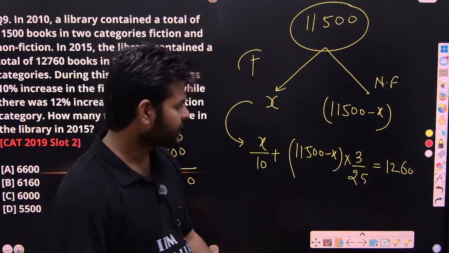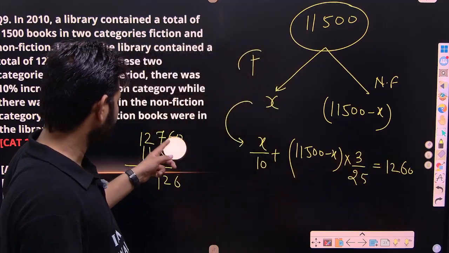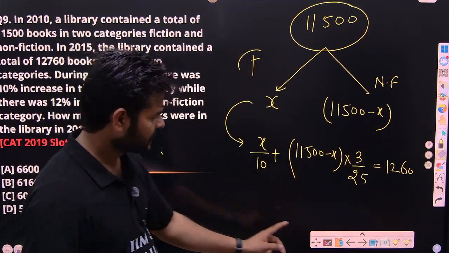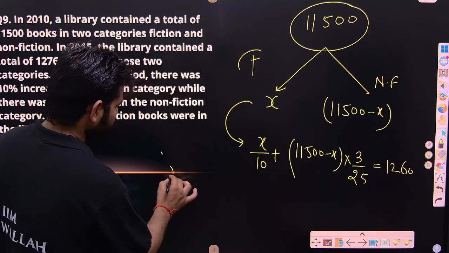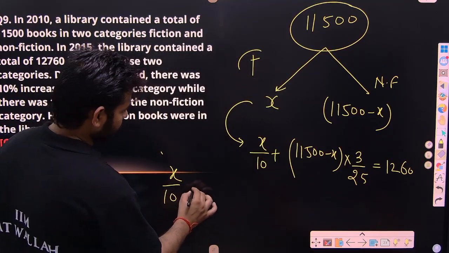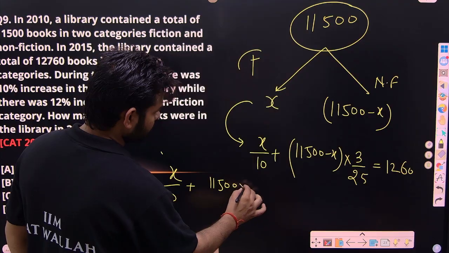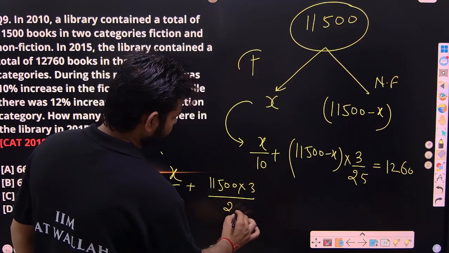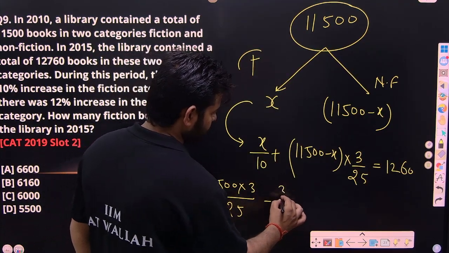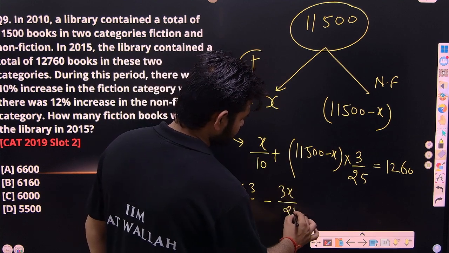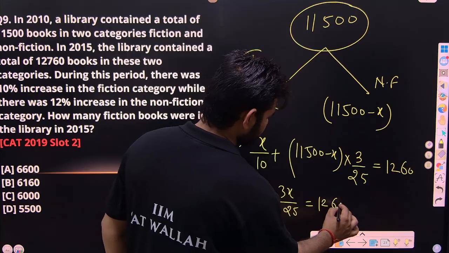If you solve and simplify it, you will get the answer. So just simplify it. X upon 10 plus 11,500 times 3 upon 25 minus 3X upon 25, that would be 1260.